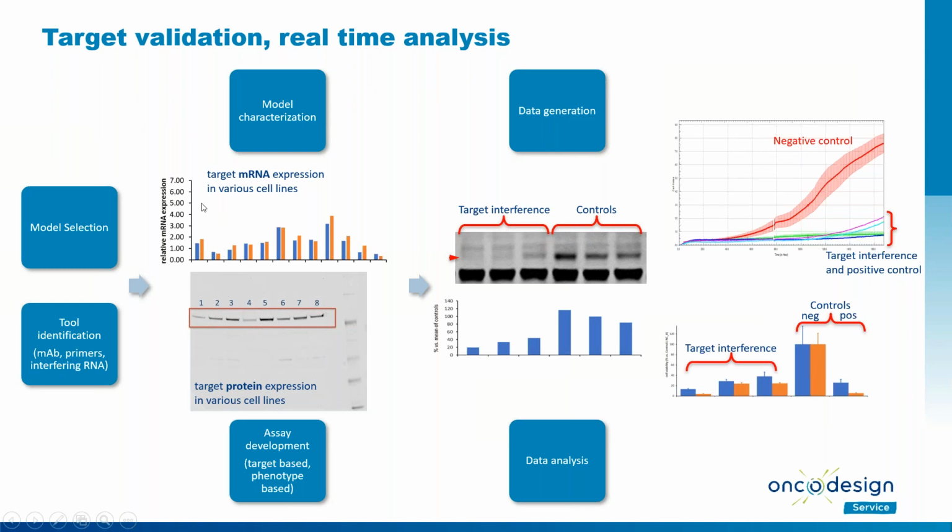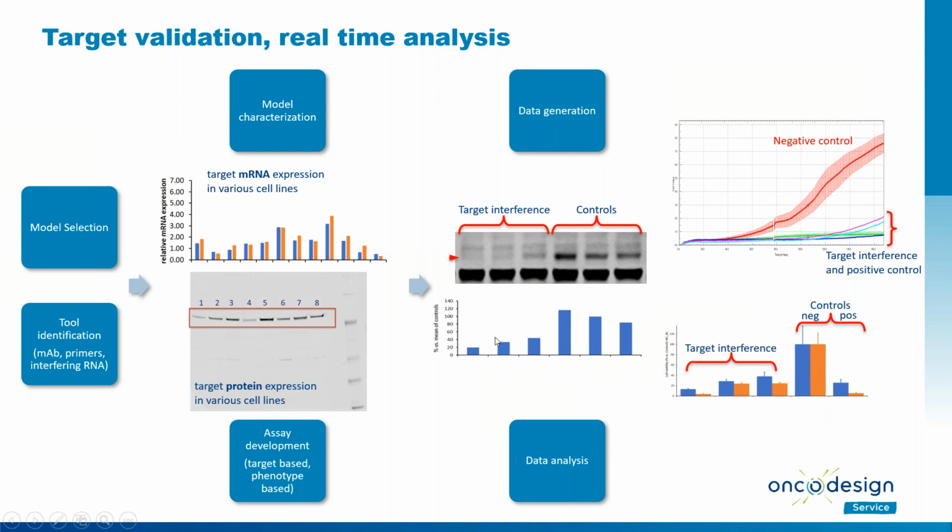So validating the target expression through mRNA and protein expression, then move to validating our interference system, showing that we did have a decrease in mRNA signal when we have the interference in place as compared to the control.